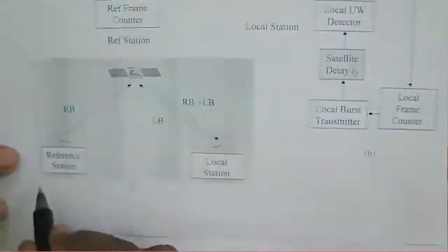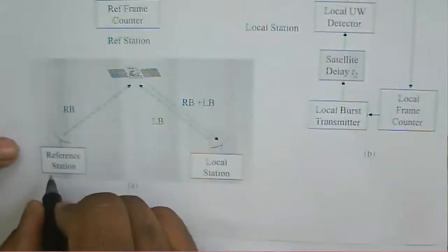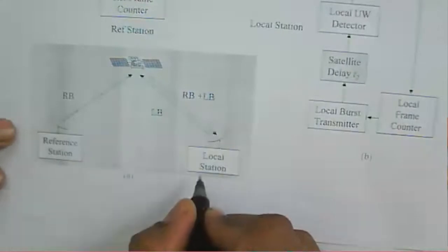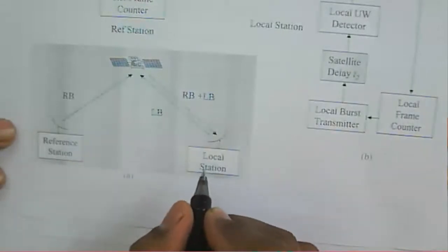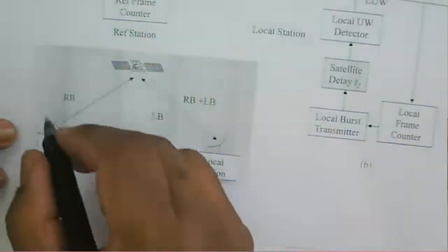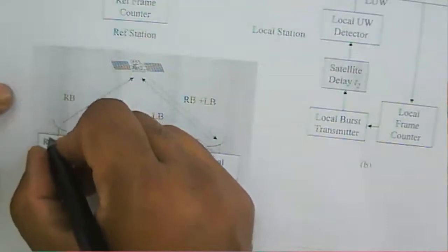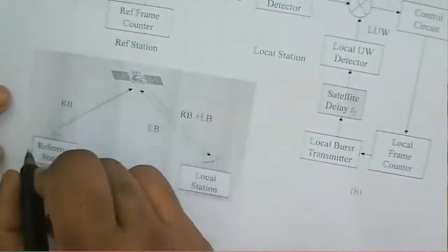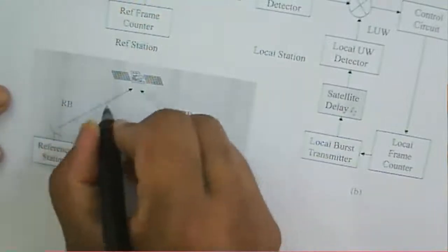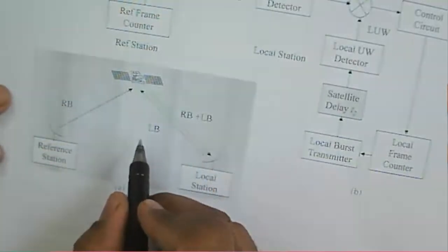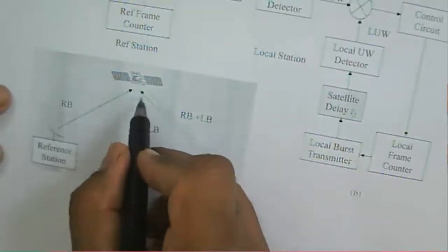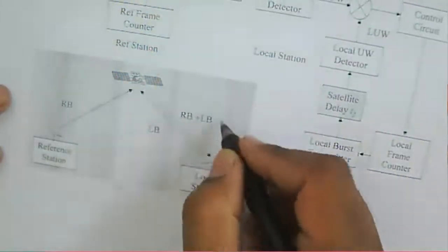But in the case here, if you see, for a reference station and a local station, the satellite delay will be common in the downlink.